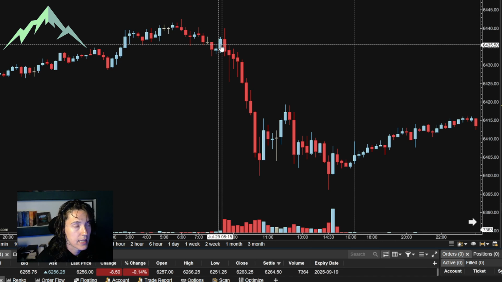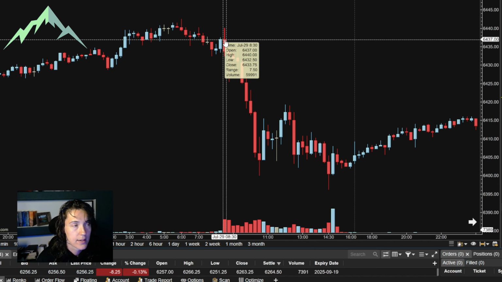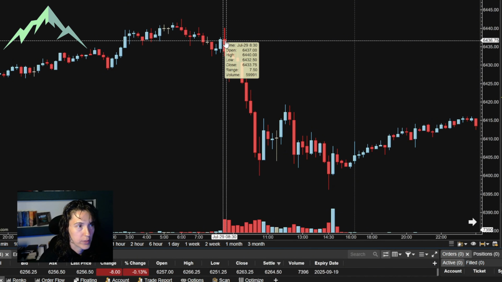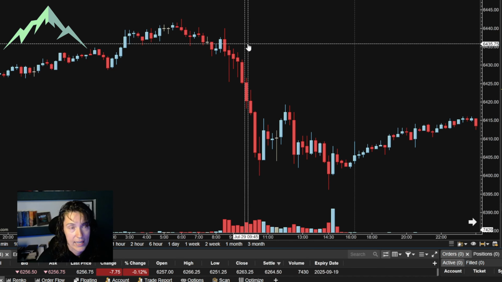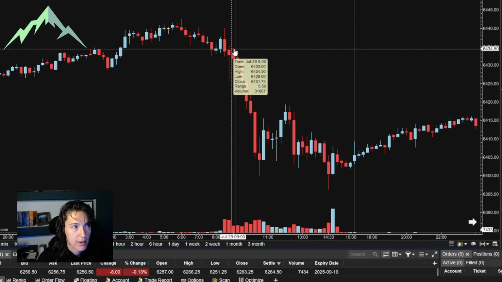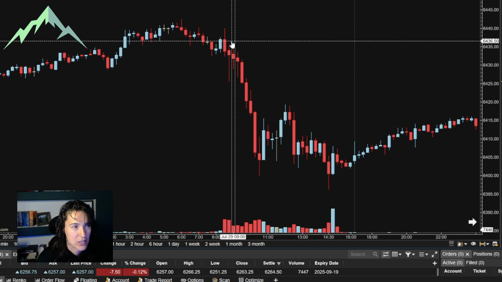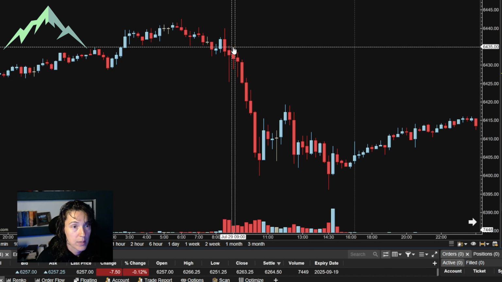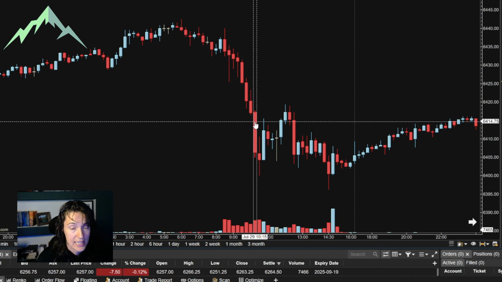Right before open, we had a little bit of strength attempting to get above this 64.37 area. But as our regular trading hours opened and our New York session opened, we saw this pretty strong red candle to the downside. We ended up entering this trade at around 8:45 to 9 a.m., as we were seeing this continued weakness below that 64.35 area, and we were able to take this all the way down to 64.15.